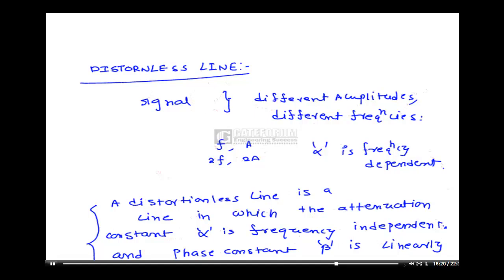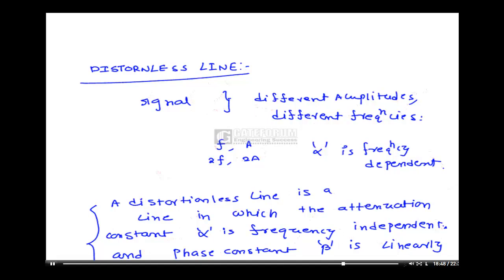Very, very important, asked several times in the examination. We can also write it as R by L is equal to G by C, but it is convenient to remember it like this, LG is equal to RC. This is the condition. If this condition holds good, then the line is a distortionless line.